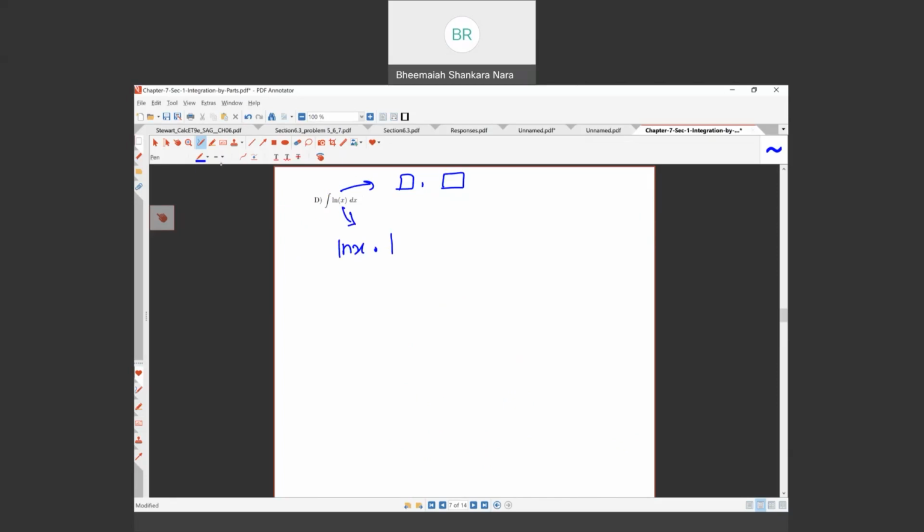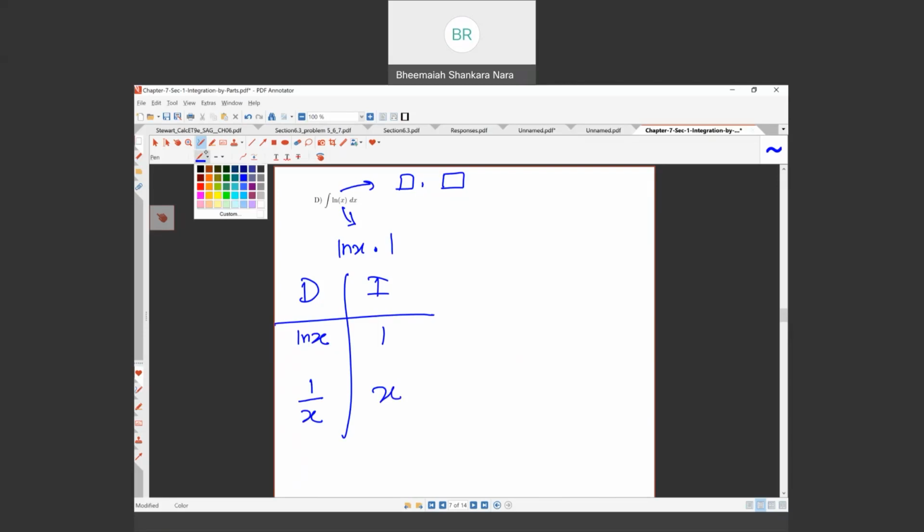So let's make a table for d and I. The function d, what we assume is ln x, I is 1. So let's differentiate ln x, we have 1 over x. Integrate 1, we have x. So in this choice, suppose we choose d is 1, then we find the d prime, you get 0.